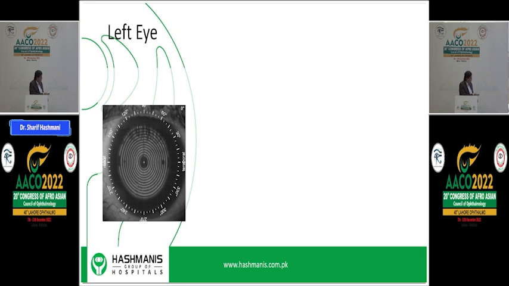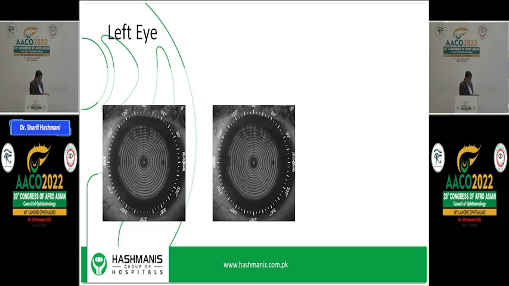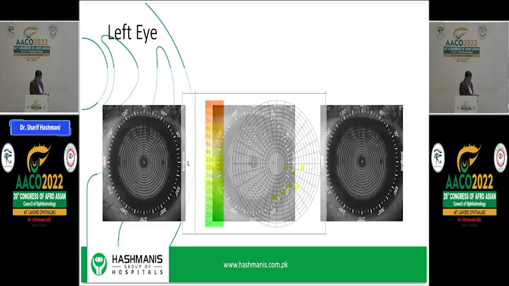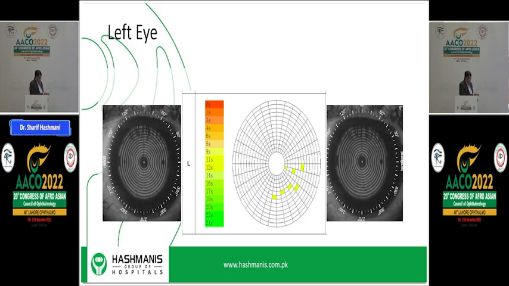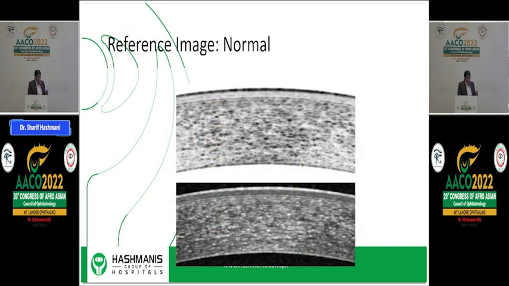In the left eye also, you can see the disturbance in the tear film, and the breakup time in the same area. So the problem is not a tear film problem or dry eye problem. The problem is something with the cornea.